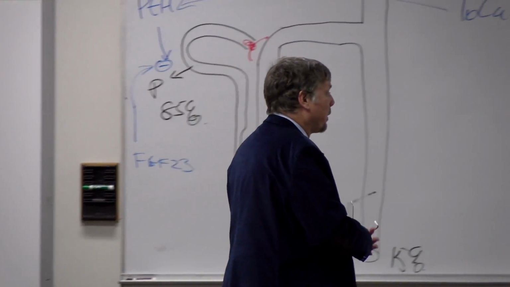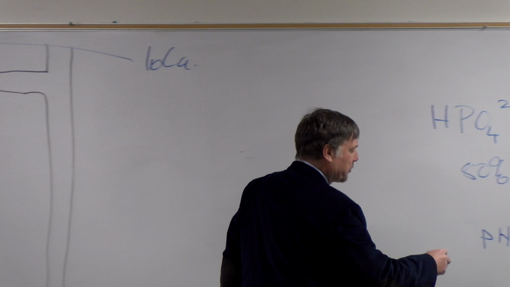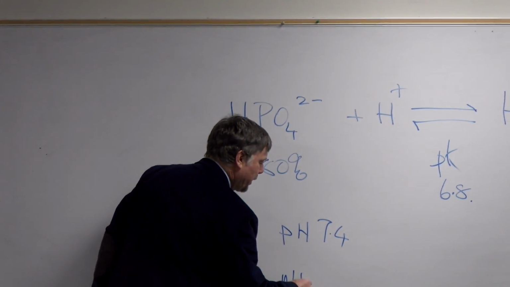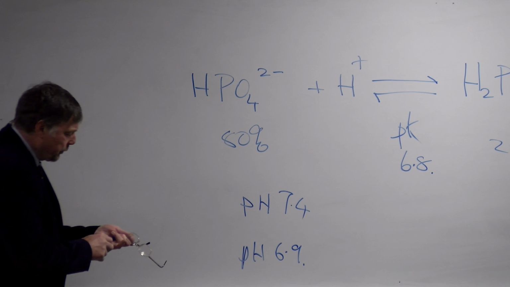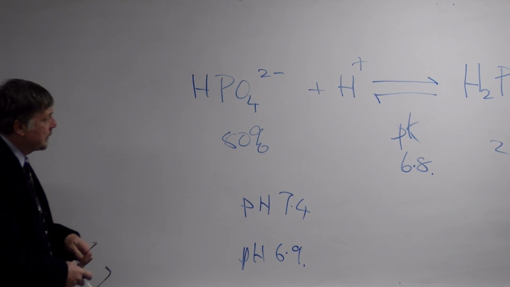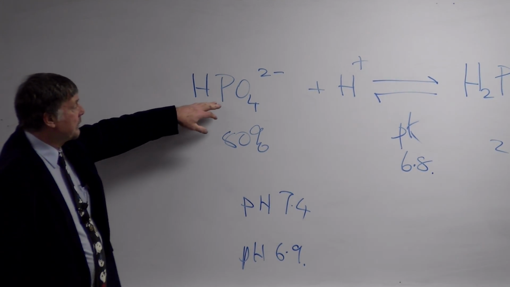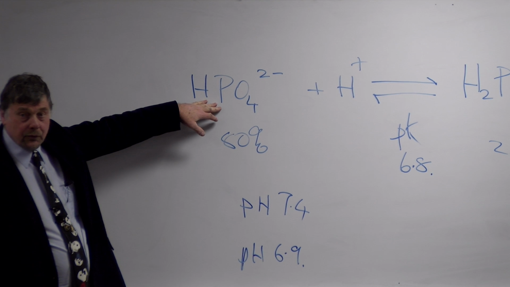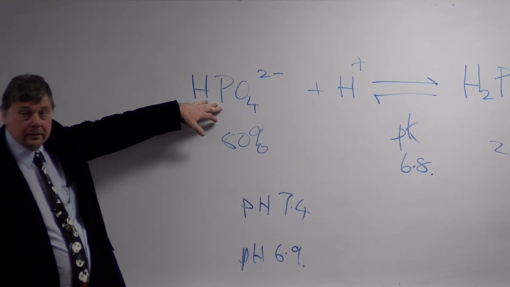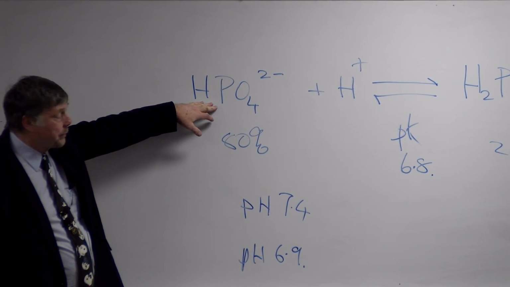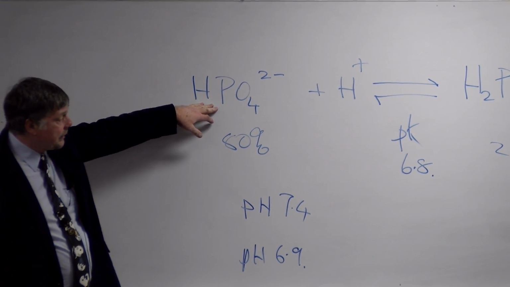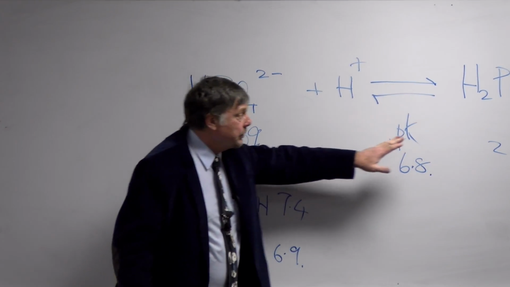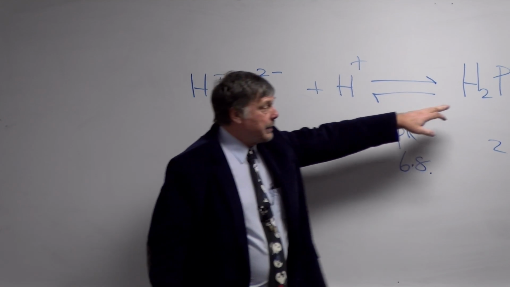In the proximal tubule, it can get down to about pH 6.9. But a lot of it is still in this form, and so it can be reabsorbed.